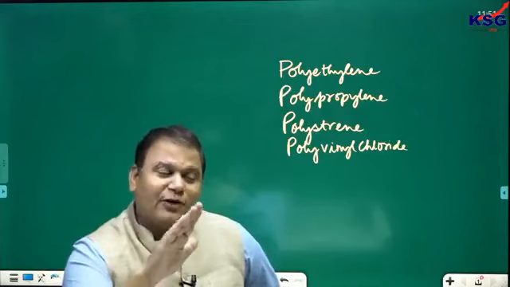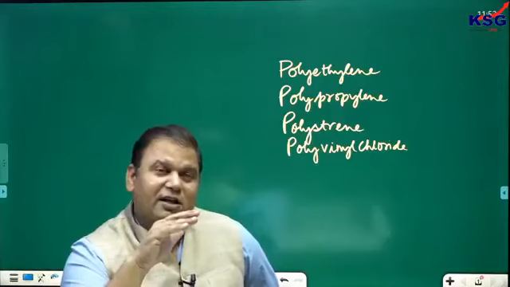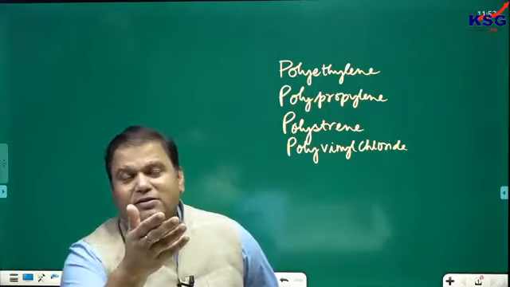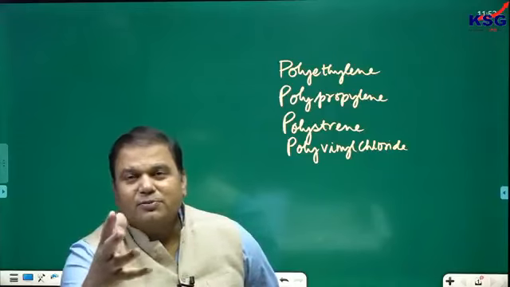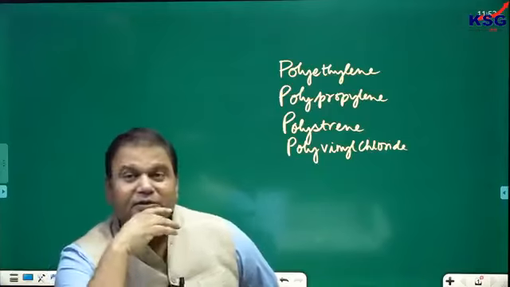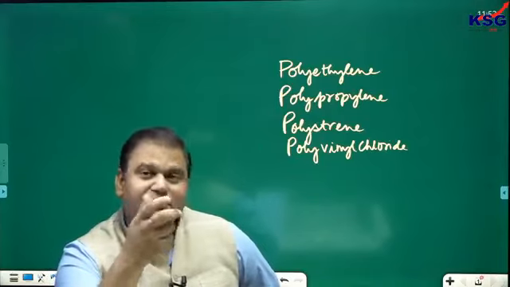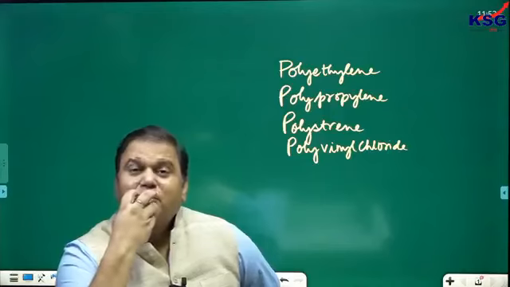Now, if you talk about phthalates, there are 20 different types of phthalates, and these are used for making plastic products more flexible. But often children play with toys, and they take these plastic toys in their mouth also.